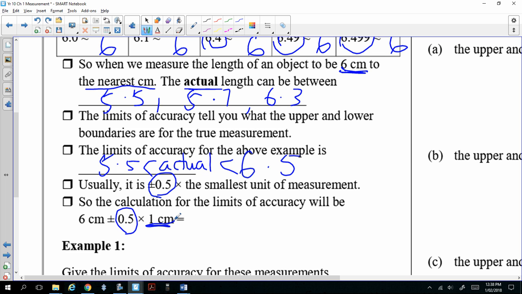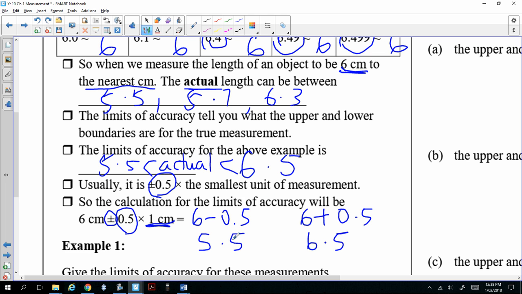The lower limit will be 6 minus 0.5, and the upper limit will be 6 plus 0.5. So the actual measurement could be anywhere between 5.5 and 6.5. This is the limit of accuracy, the range of values the actual measurement could lie in, right?